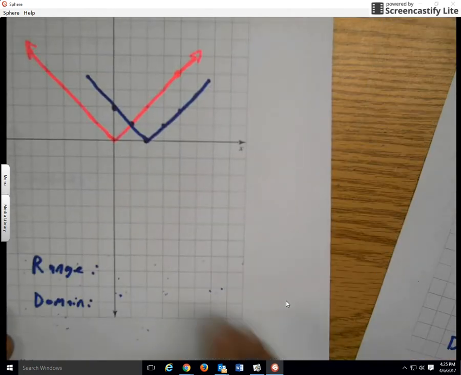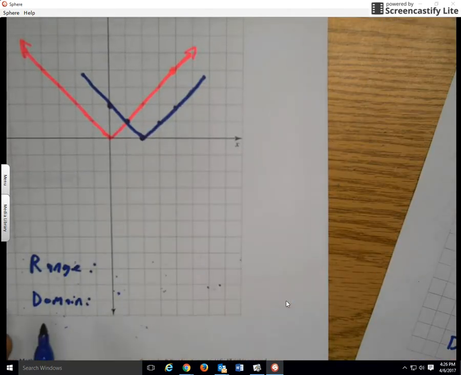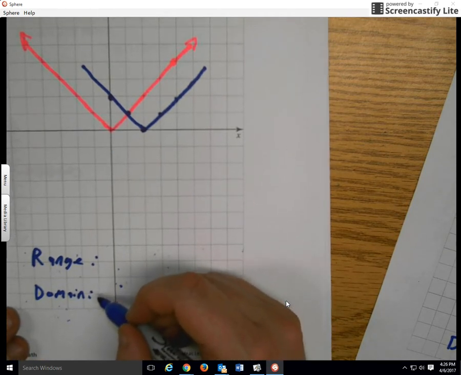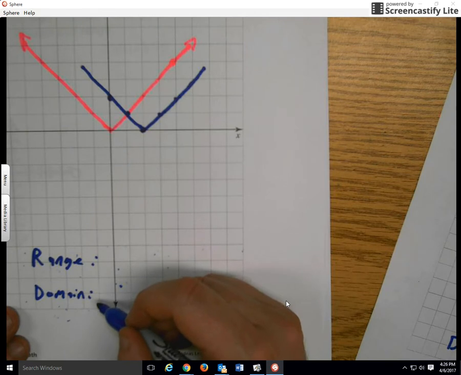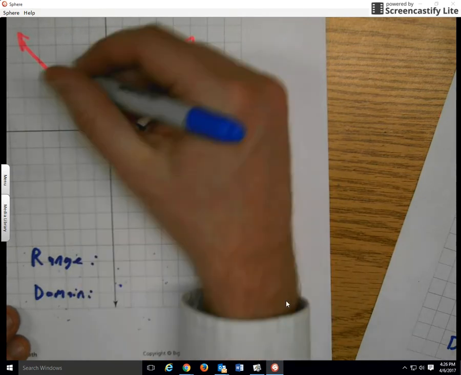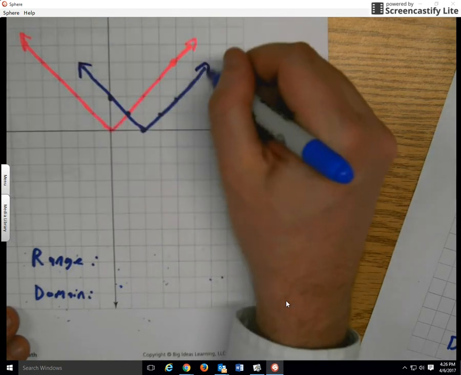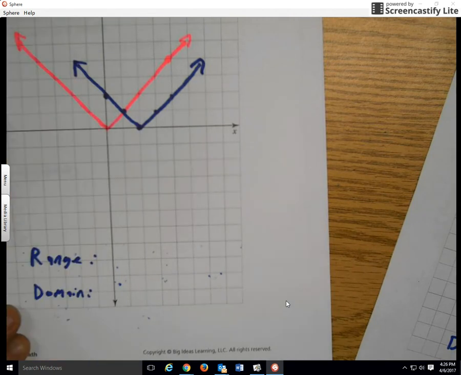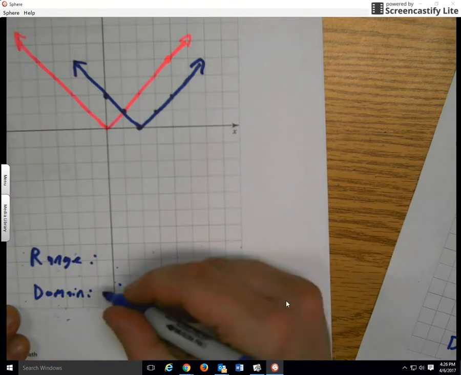Going back to this one that we did earlier, what would the domain be? Looks like I wrote the domain second. I should have written it first, but we can still work with this. So what would the domain be? Well, looking at this, the x values again, it's going all the way this way and all the way this way, right? To the left and to the right. So the domain is all real numbers again.